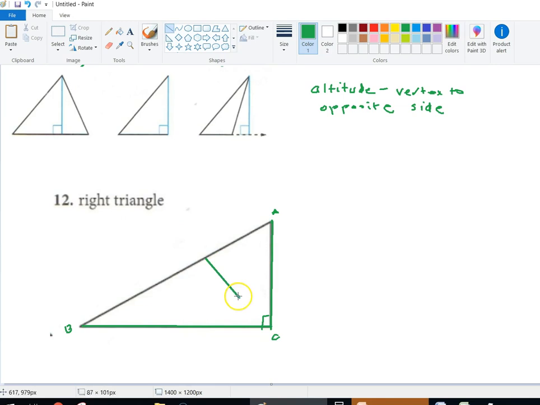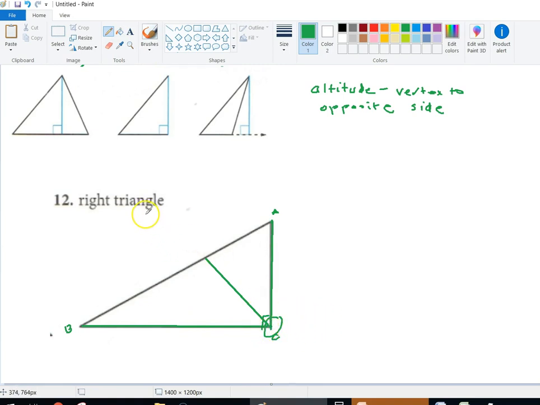The vertex to the other side would look like this. Where do AB, BC, and AC meet? Well, they meet right here at the point C. That's your concurrency.